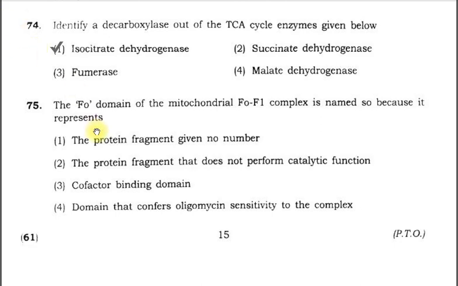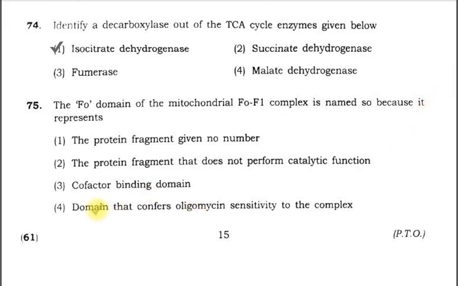Question number 75. The F0 domain of the mitochondrial F0-F1 complex is named so because it represents: number 1, the protein fragment given no number. Number 2, the protein fragment that does not perform catalytic function. Number 3, cofactor binding domain. Number 4, domain that confers oligomycin sensitivity to the complex.